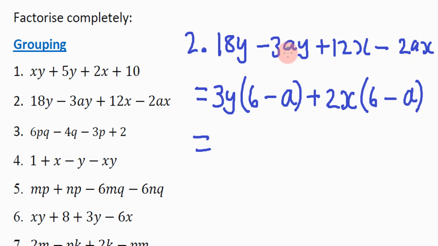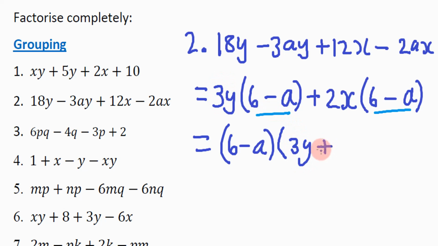Now we see that 6 minus a is a repeated factor, so we can take out 6 minus a. What we are left with in the first term is just 3y, and in the second term, 6 minus a into 6 minus a once, we are left with just 2x.